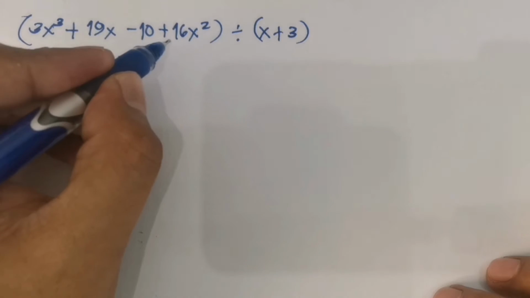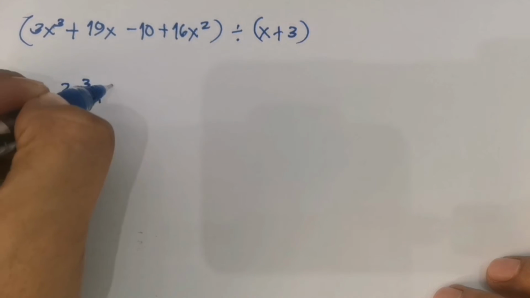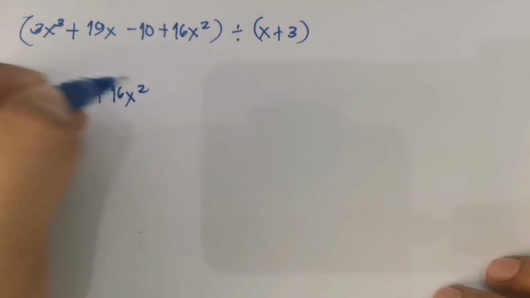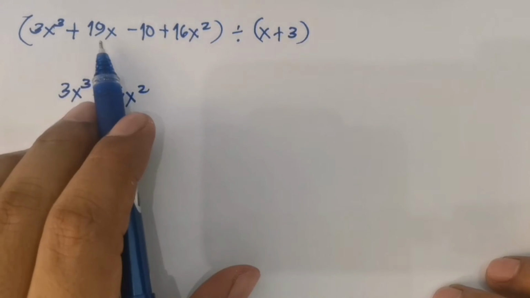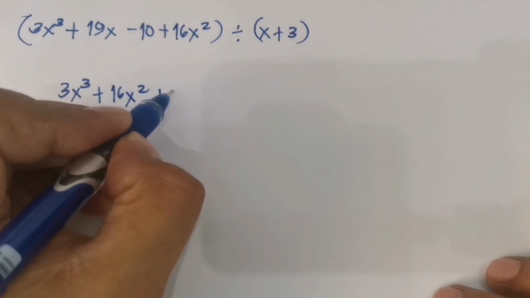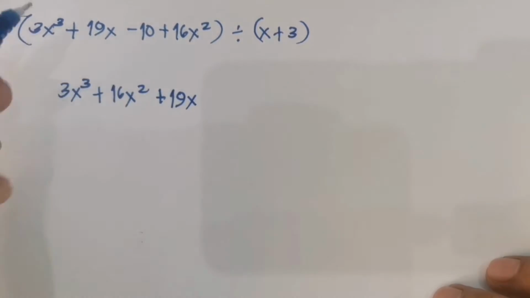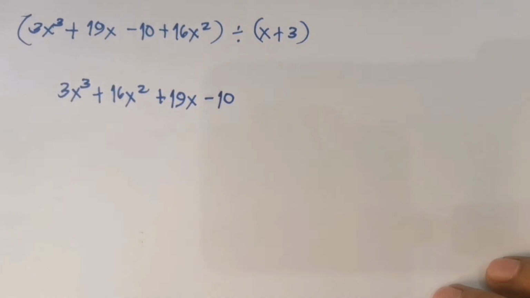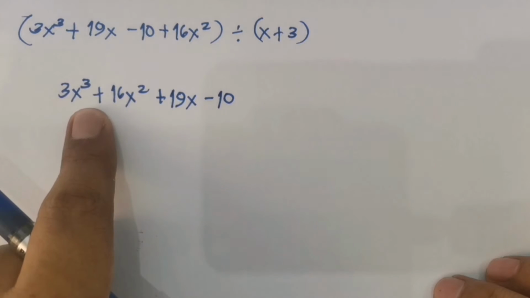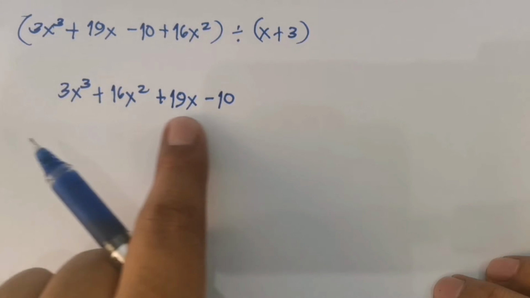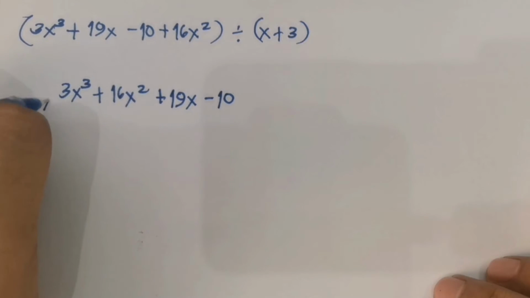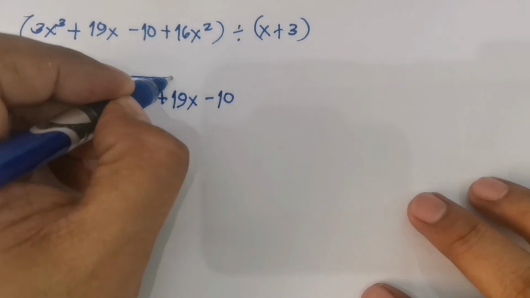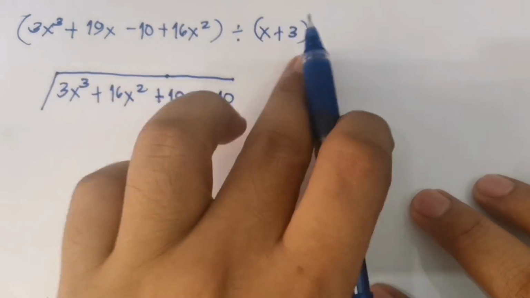Next term should be positive 16x squared. Next to that is the first degree, which is positive 19x, and this one, the constant, which is 10. Now that it is arranged in decreasing order, we can divide this by our divisor, which is x plus 3.